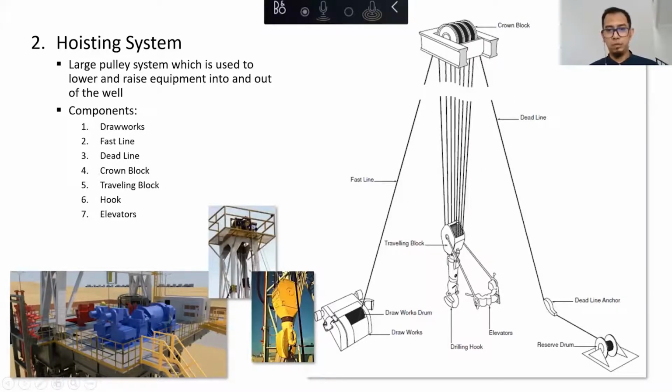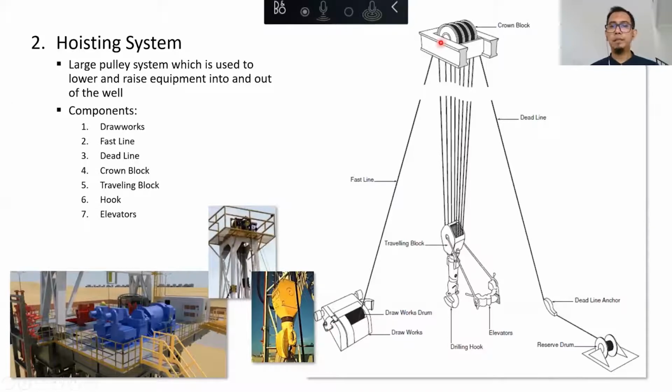Okay, so the fast line is the line that will move, stretching in or stretching out, in order to reduce or increase the length of operable line in the derrick, in the mast. And then the traveling blocks, this is the intention or the objective of the system. It needs to move the traveling blocks up or down, but in order to do that, the fast line needs to be reeled in or reeled out by the drawworks.